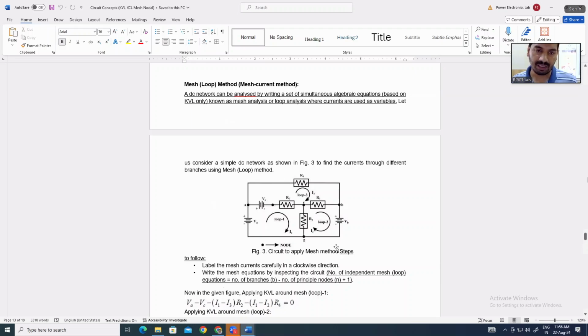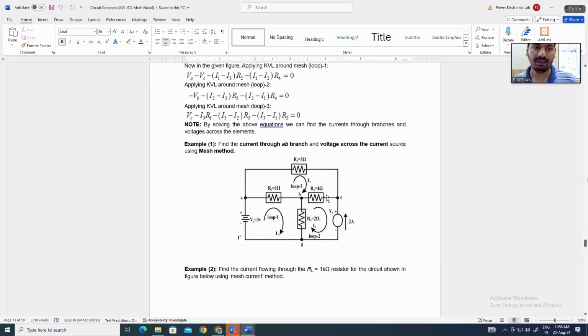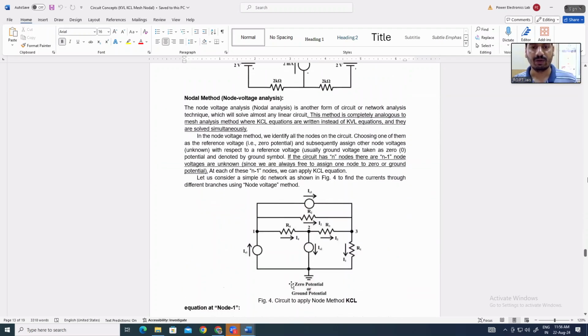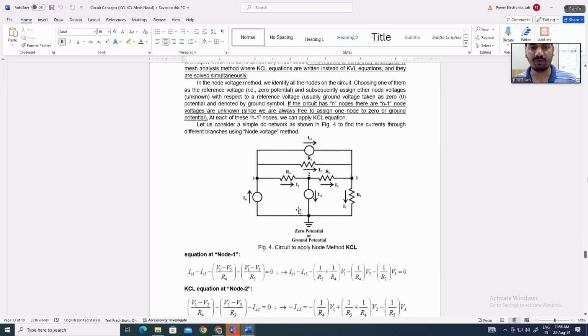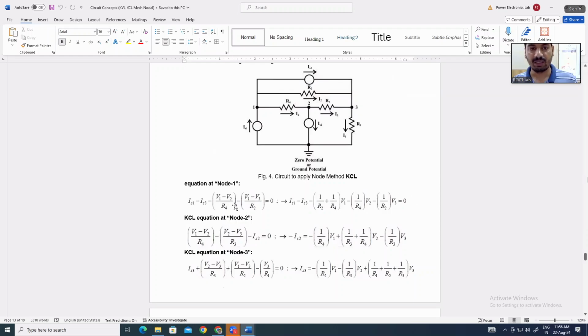So please try to understand these circuits. Figure 3 is given for mesh analysis. For nodal analysis, you can see that figure 4 is given. Please try to understand how we are applying KCL at the nodes in the nodal method and how we are applying KVL in the loops in the mesh method.